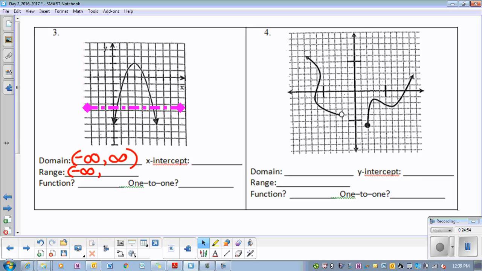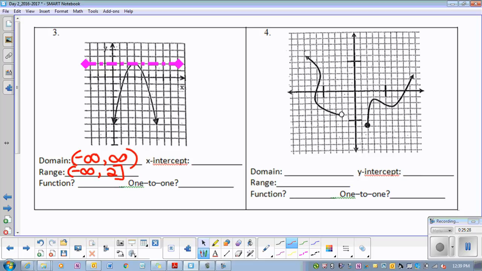And going up. Where's the x-axis? The x-axis is here. So then we have to go up 1, 2, and that's where the graph ends. So it goes from negative infinity to 2, bracket or parentheses? Bracket. Good. If you do not see an open circle, it's a closed circle. Okay?